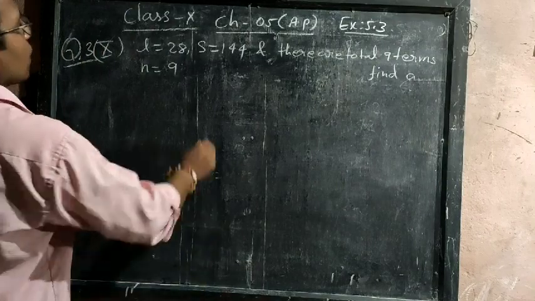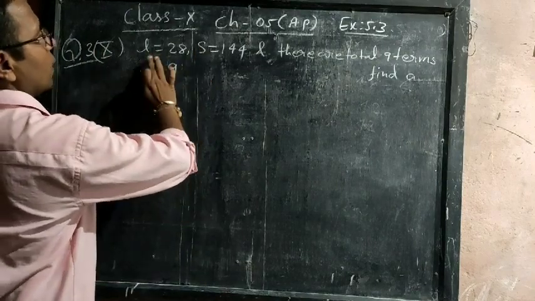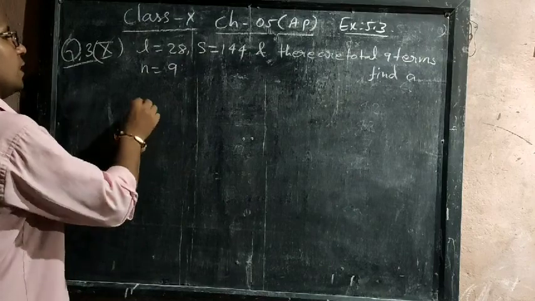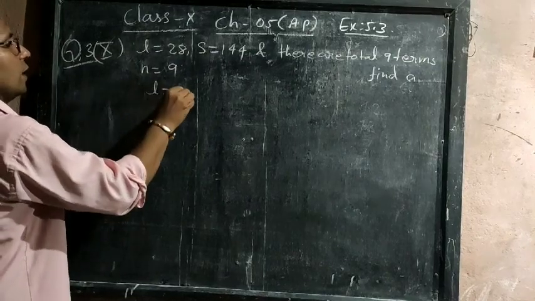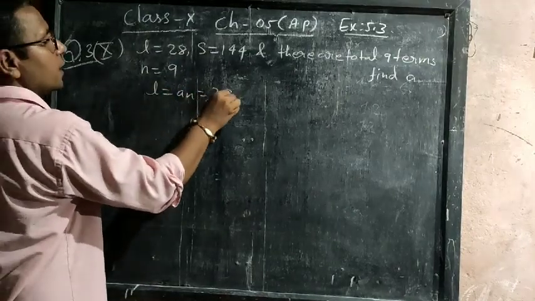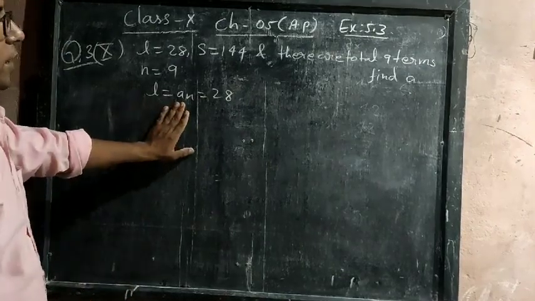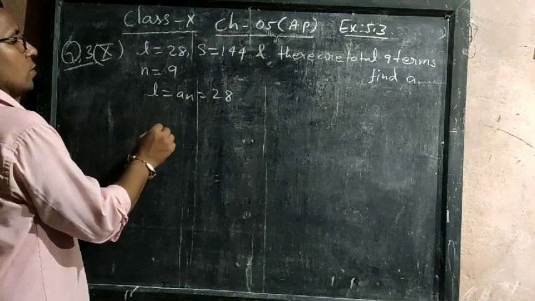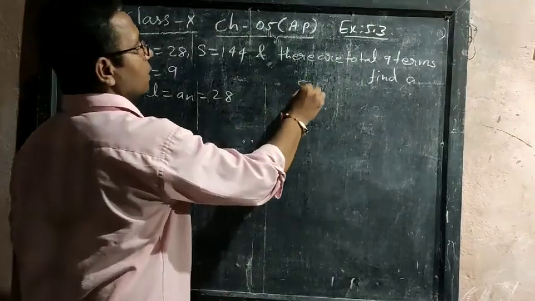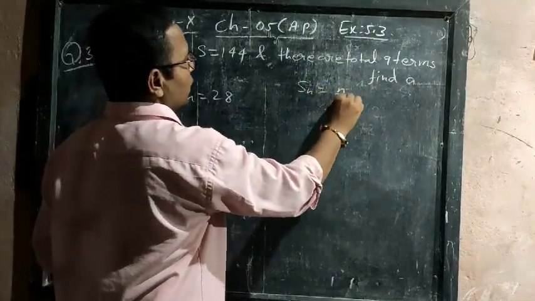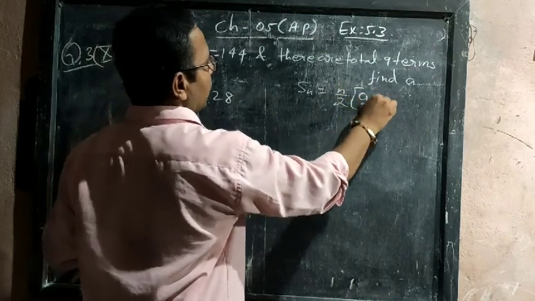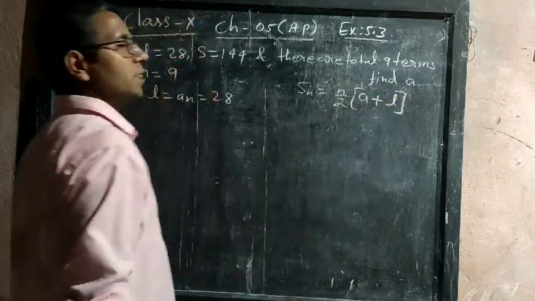Now L, that is the last term, we can use it here. L is equal to An, which is equal to 28. So you can use the An formula, A plus n minus 1 into d, or you can use Sn. Sn is equal to n by 2 into A plus L. Use this method.